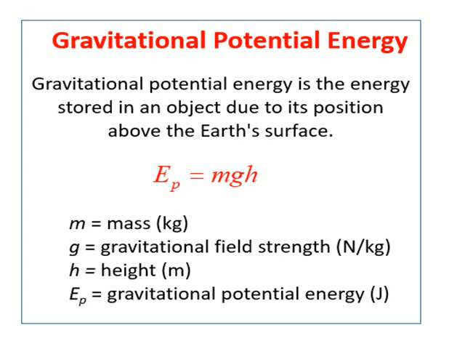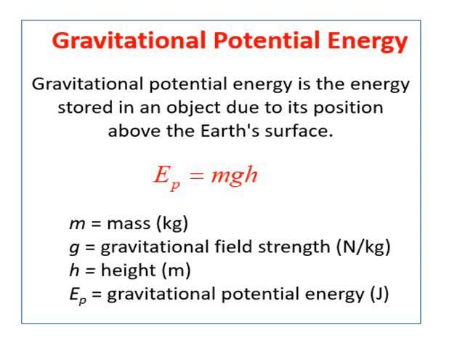A raised hammer has gravitational potential energy due to its position. A ball on your hands which you are about to drop has potential energy due to its position. So the potential energy stored by these objects due to its position is known as gravitational potential energy.